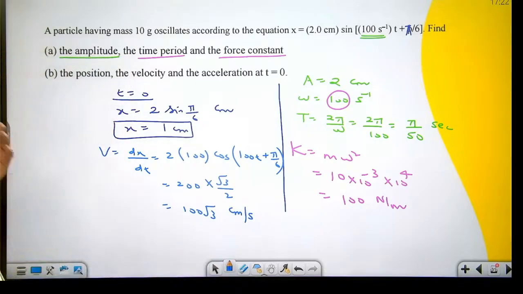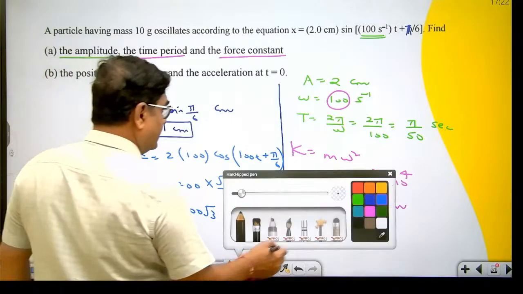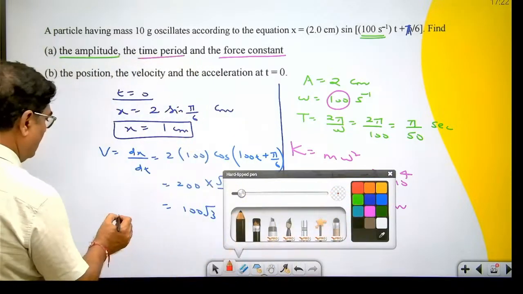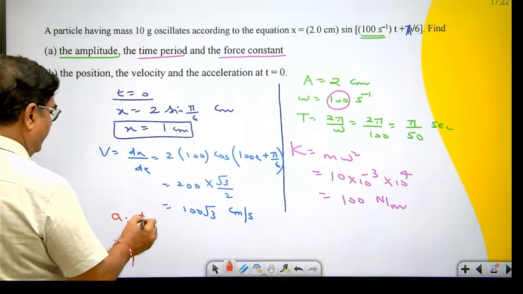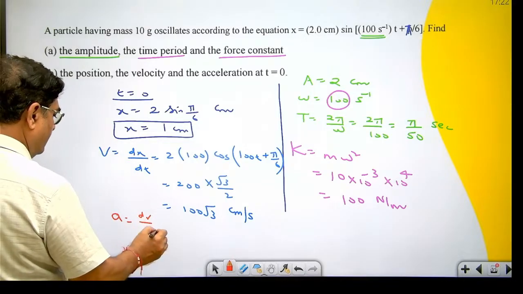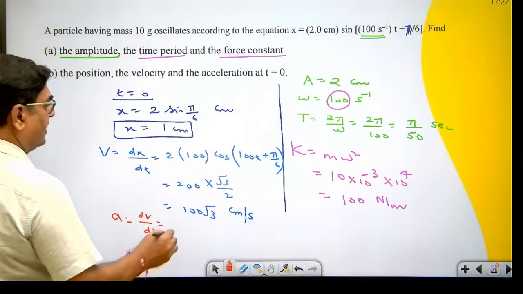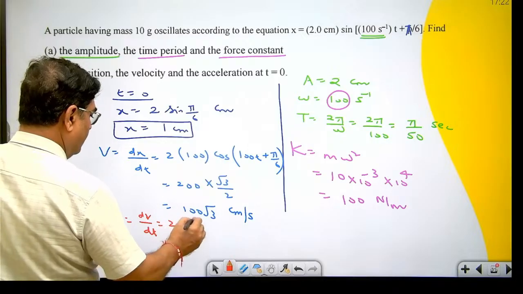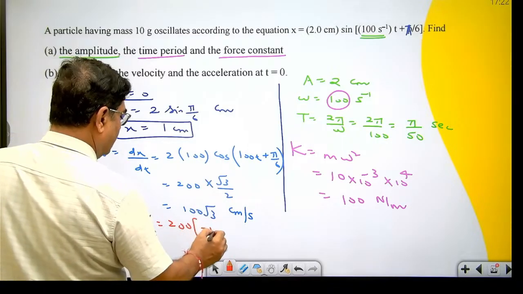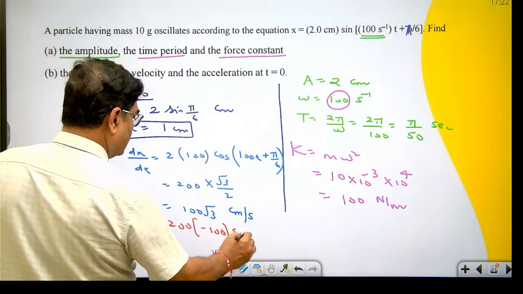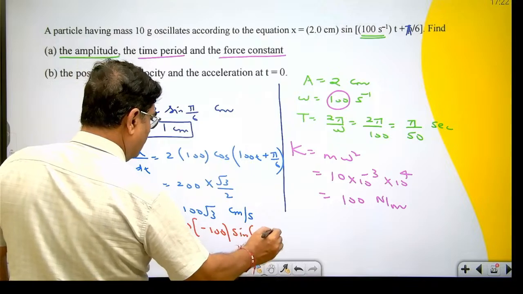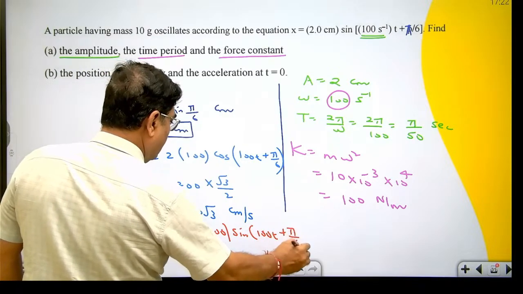And dear student, what is acceleration? Again differentiate the equation. You will get acceleration. A is dv upon dt. We get 200 minus 100 sine 100t plus pi by 6.